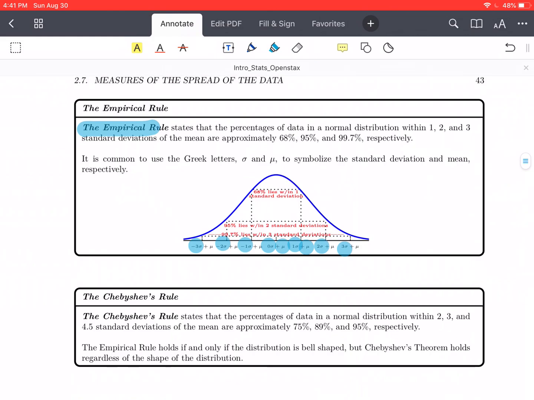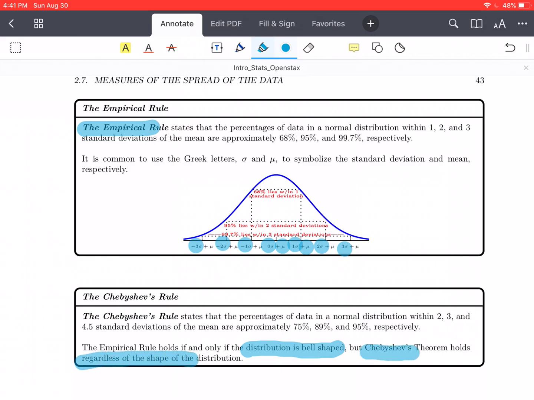And then related to the empirical rule is Chebyshev's rule, also called Chebyshev's inequality. This states that the percentages of data in a normal distribution within 2, 3, and 4.5 standard deviations are approximately these values. Why are those values less certain than the empirical rule? Because the empirical rule only holds if the distribution is bell-shaped, but Chebyshev's holds regardless of the shape.